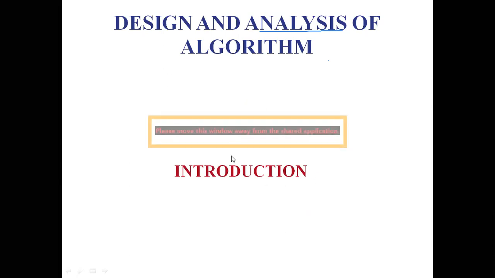I already told you we have to analyze the algorithm: what is the running time, how much time it requires to complete the task, and how much memory is required for that algorithm, that is space. So this is about design and analysis of algorithms.